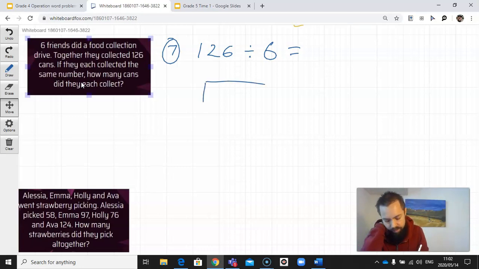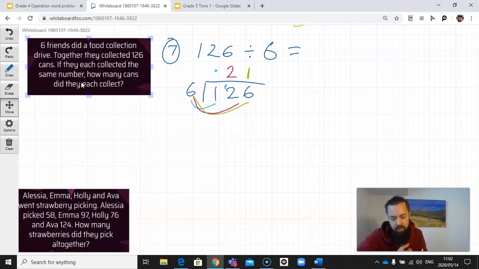So setting it out with the bus stop again. 6 doesn't go into 1. Carry the 1 to the neighbor. 6 goes into 12 twice. 6, 12. 6 goes into 6 once. So each of the 6 friends brought 21.